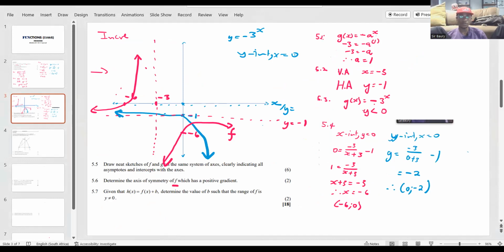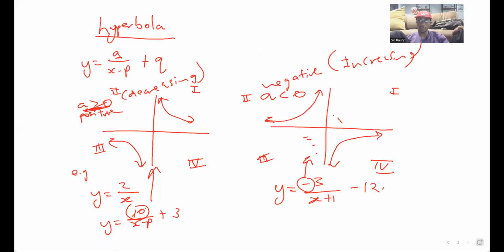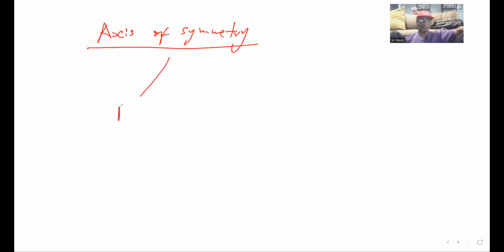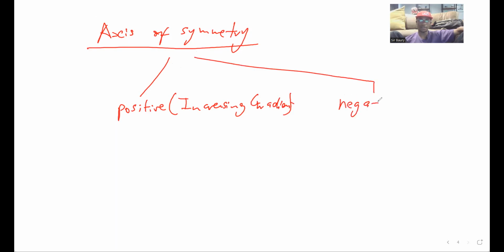For the axis of symmetry, we have two: one with a positive, or increasing gradient, and another with a negative, or decreasing gradient.